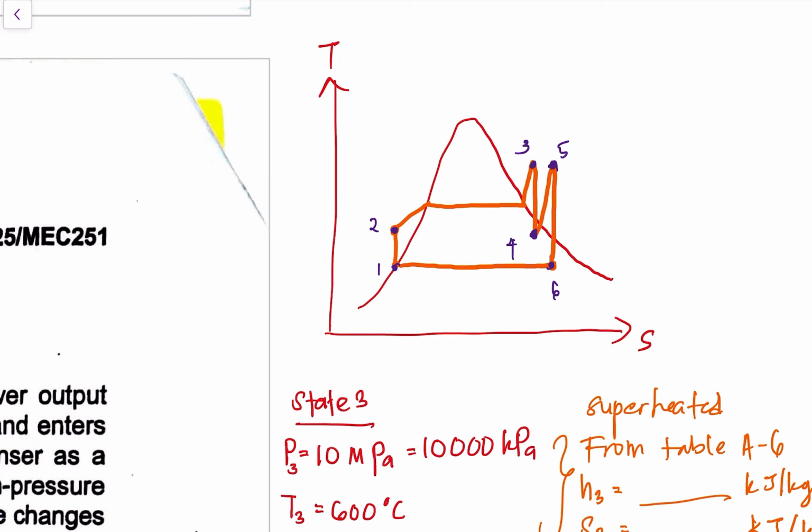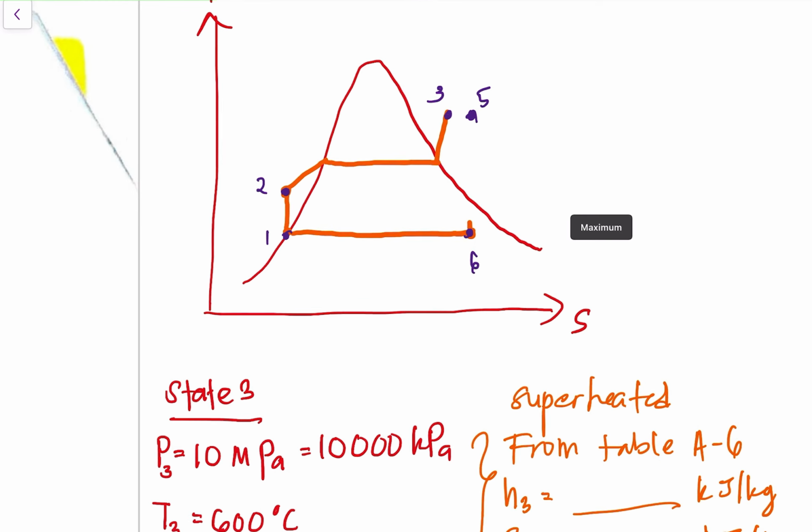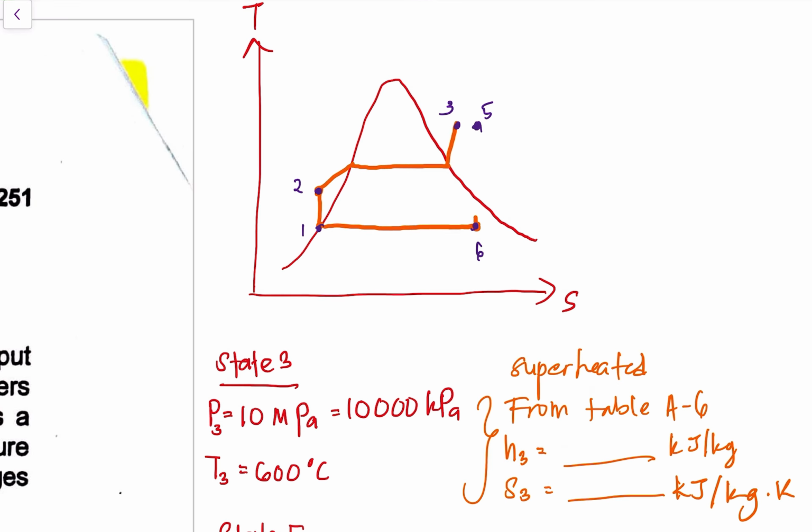So since from our characterization, it is shown that state 4 is in the superheated phase, thus what you can do is that you need to amend state 4 so then it will be in the superheated phase.